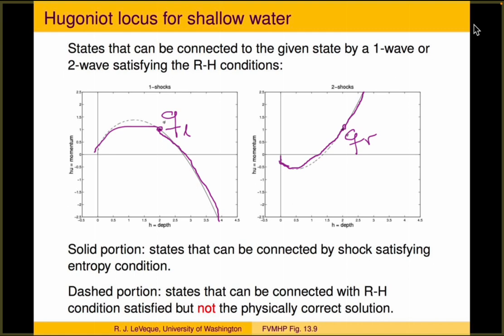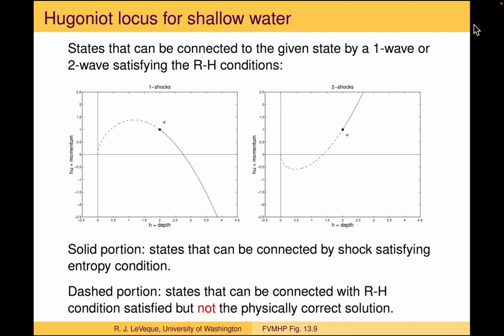And so if we took these composite curves that consist of the integral curves here and here, and the shock Hugoniot curves here and here, then we could plot these together and look for the intersection points, and we would find the correct physical solution of the Riemann problem.